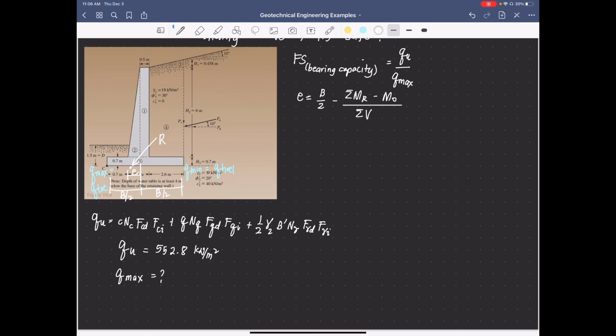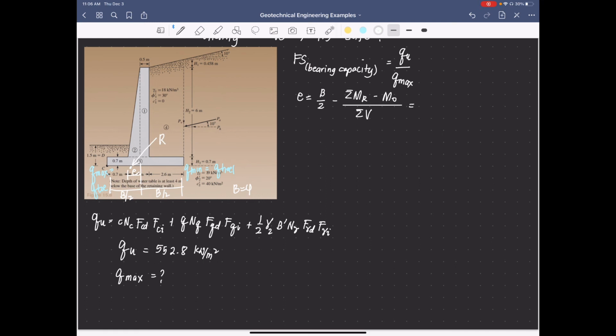And if you notice, we already have these values. B is the width of the foundation, which is equivalent to 4. The sum of the moment resisting and overturning and the summation of vertical forces is already calculated in the previous question. So we can now directly solve for e.